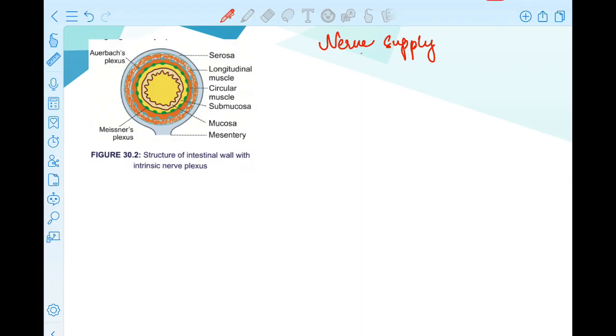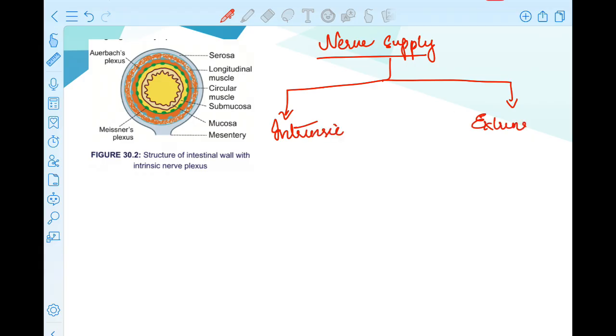So there is both intrinsic nerve supply as well as extrinsic nerve supply. The intrinsic nerve supply is managed by the enteric nervous system, whereas extrinsic nerve supply is a different entity.